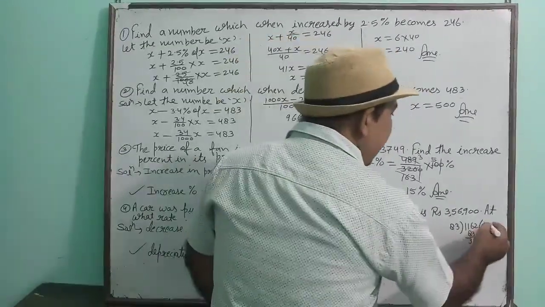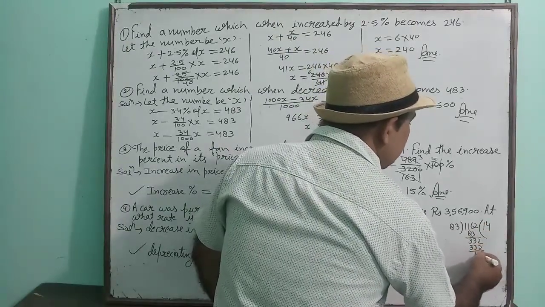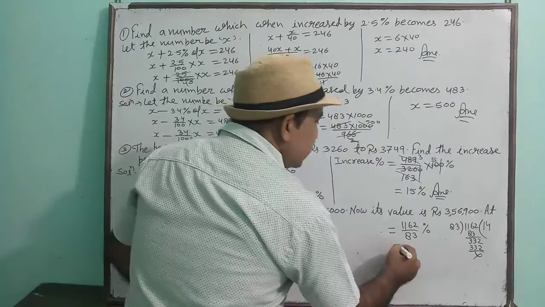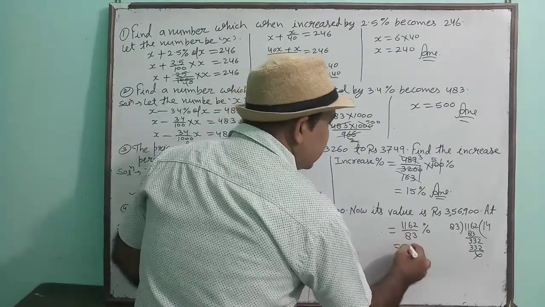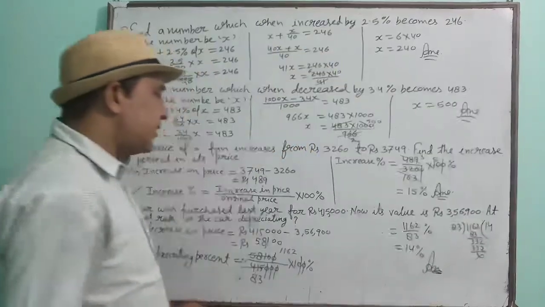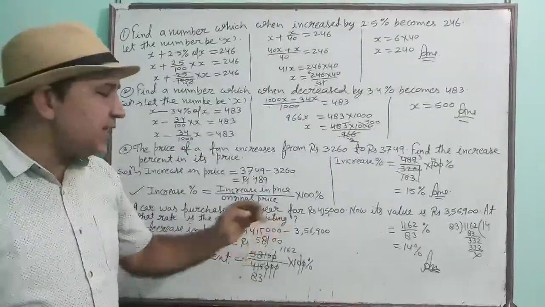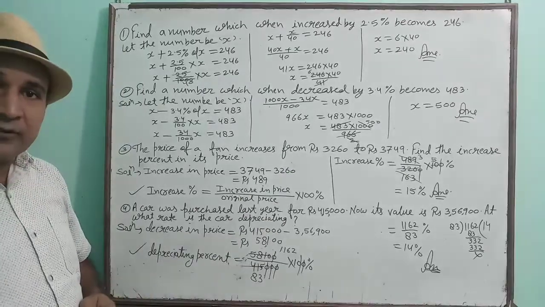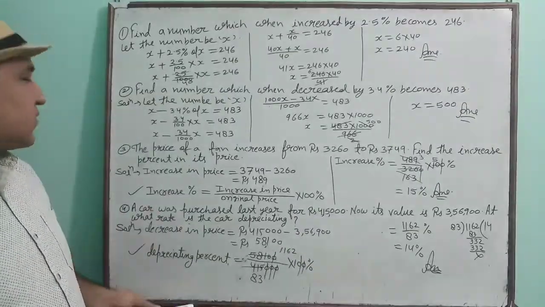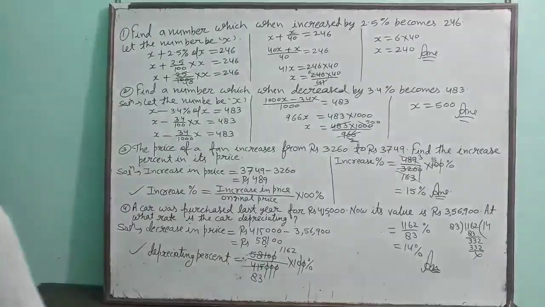Now multiply it by 4. 4 3s are 12. 4 8s are 32 plus 1 is 33. That means when 83 will divide this, it will come 14%. That means depreciating in prices or reducing in prices is 14%. Understood? Now solve and note down these things.